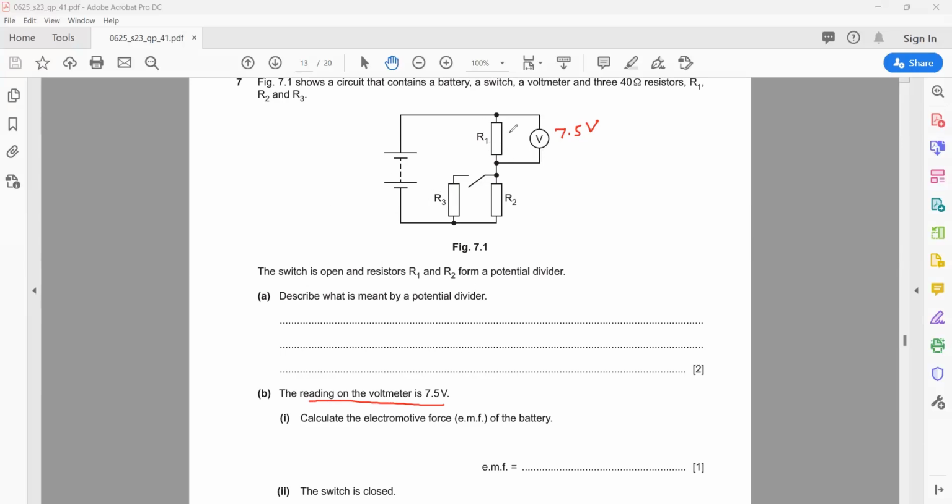As we said that both are 40 ohm resistors, if there is any potential difference and the resistors are the same, it will divide equally. Means if there is 7.5 volt here, here also 7.5 volt. So it means total will be how much? 15 volt.